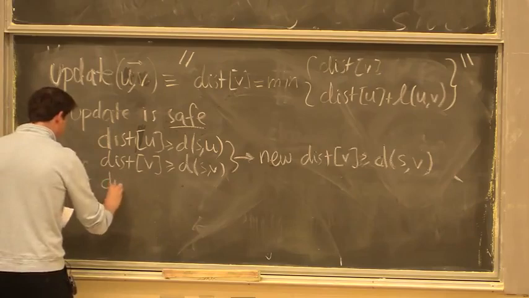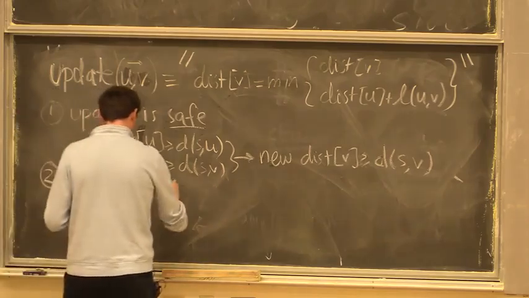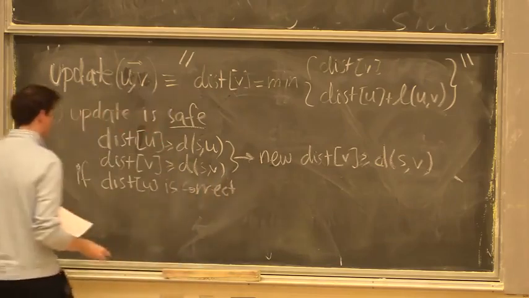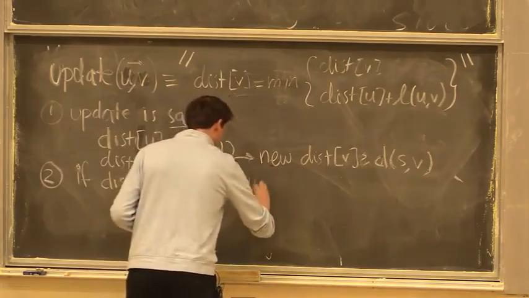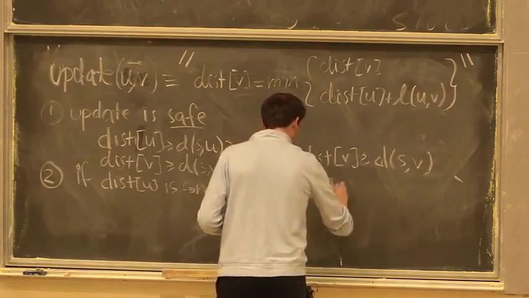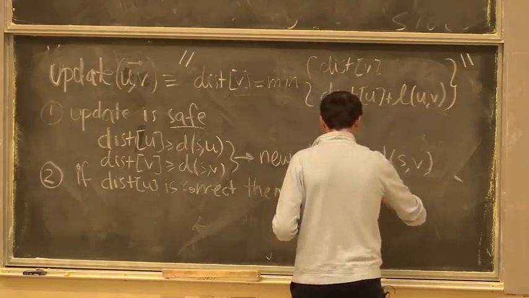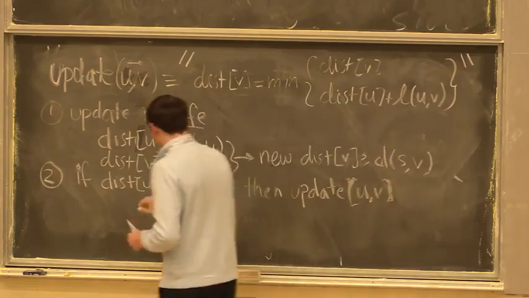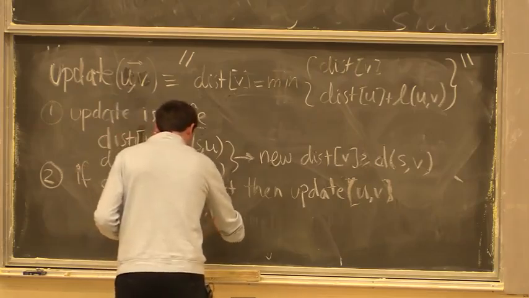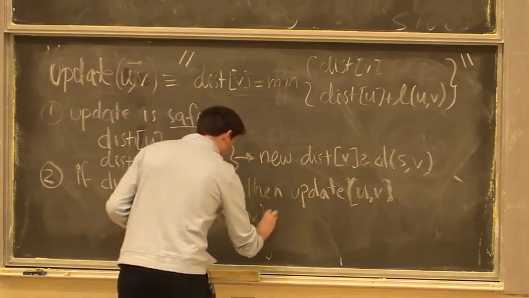So I'm going to say, if the distance of u is correct, then update run on u and v makes the distance of v also correct.